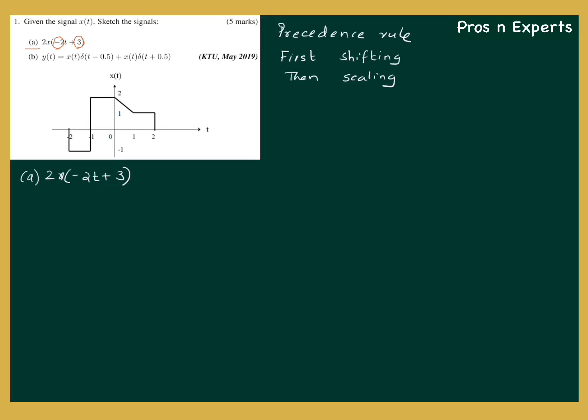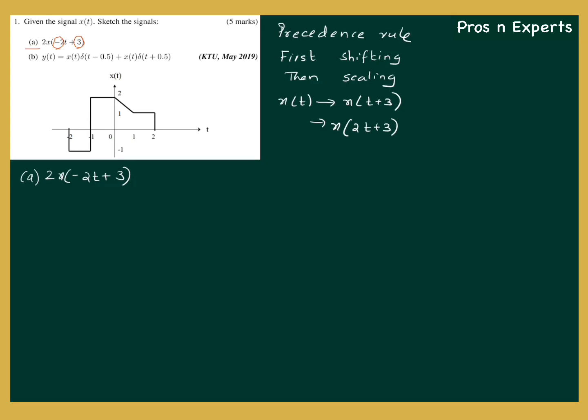So from this question, you have x of t given. First you need to find out x of t plus 3, then from x of t plus 3 you have to find out x of 2t plus 3.